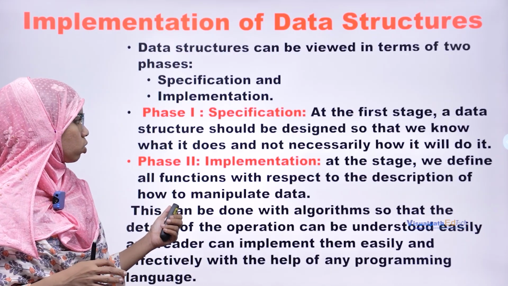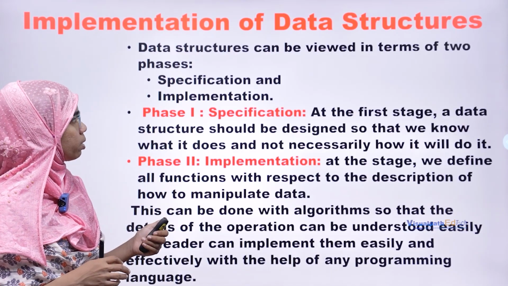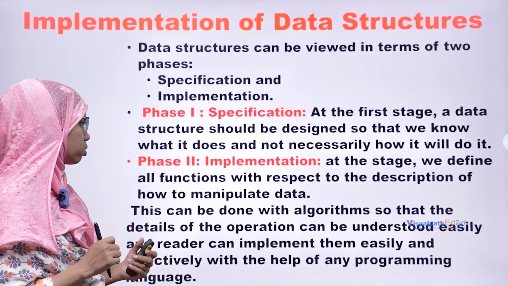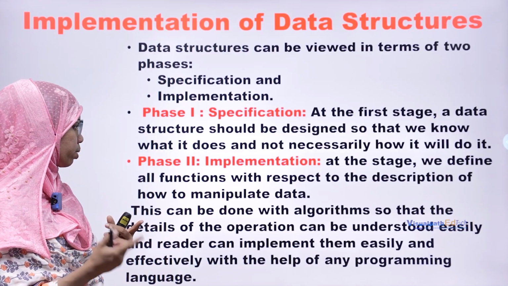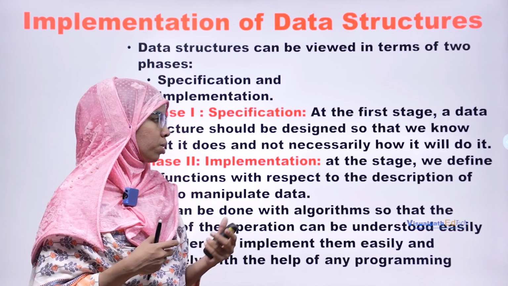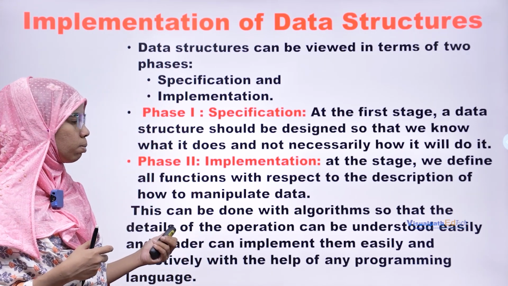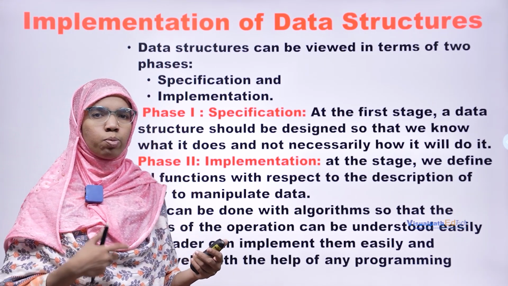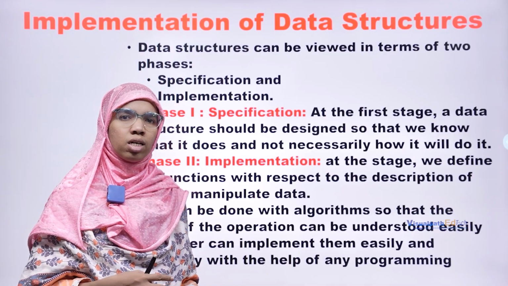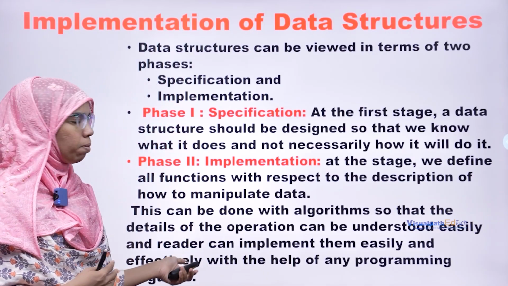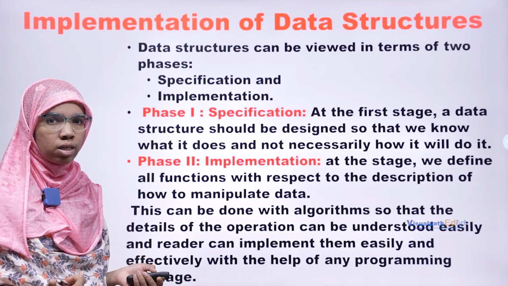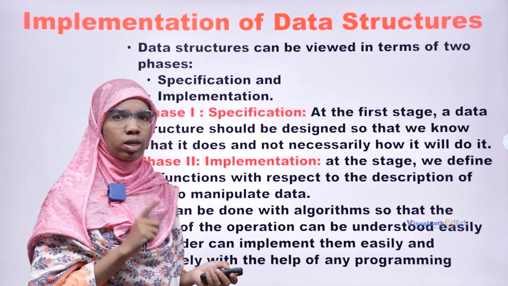The second phase is called the implementation stage. In this stage, we define all the functions with respect to the descriptions and how the data should be manipulated. This is the stage where we apply the respective algorithms, problem solving techniques, sorting techniques, searching techniques, whatever it is, for giving the right solution to the right problem.